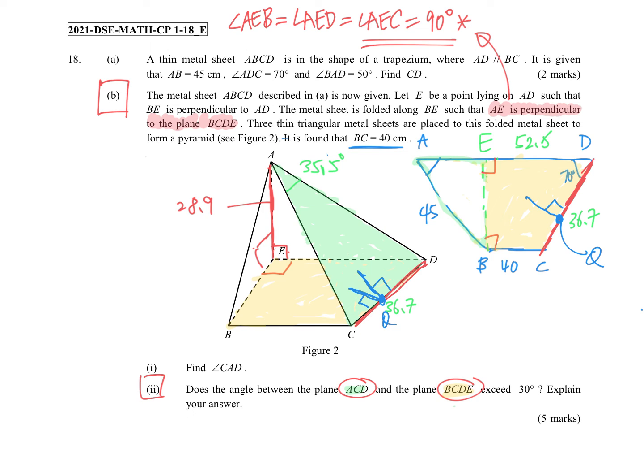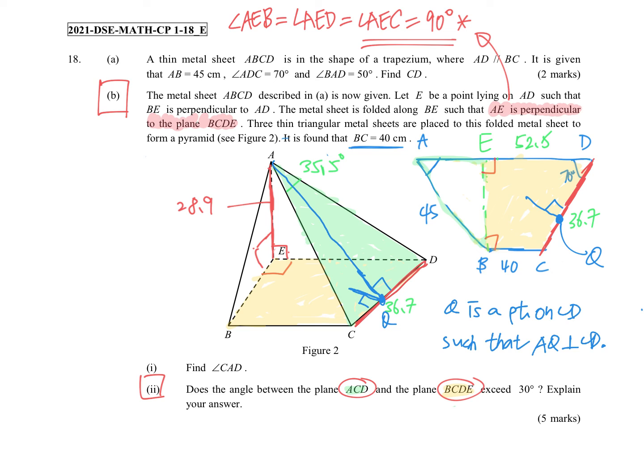So this normal, by the theorem of three perpendiculars, if we have a point Q such that it is the foot of perpendicular of A on CD, that means Q is a point on CD such that AQ is perpendicular to CD.